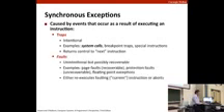So traps are intentional. Faults are unintentional, but may be recoverable. Things like page faults, we'll learn more about these when we study virtual memory, but a page fault is actually recoverable.